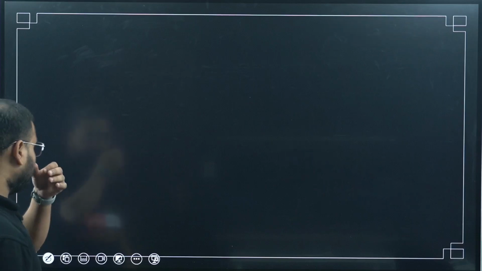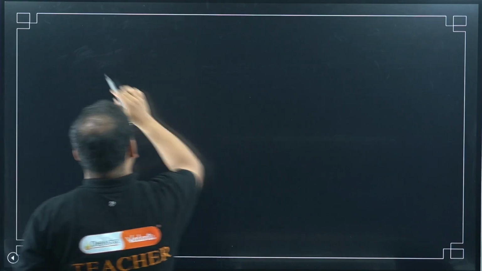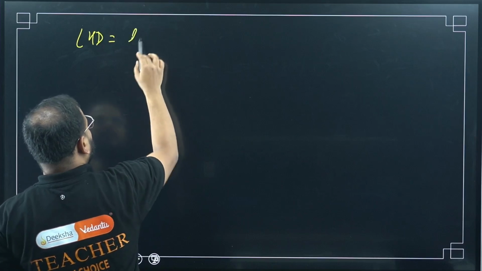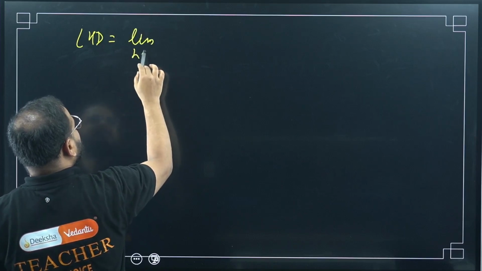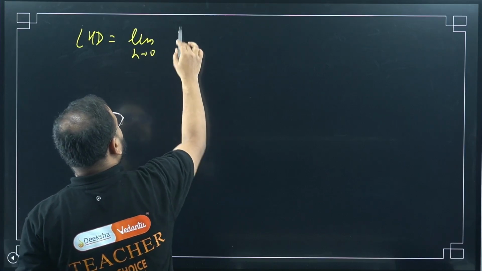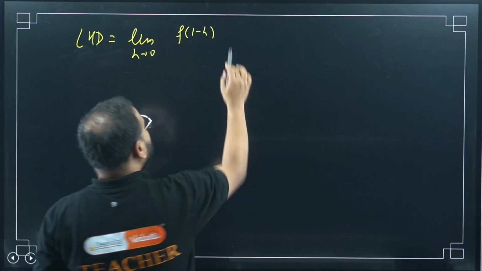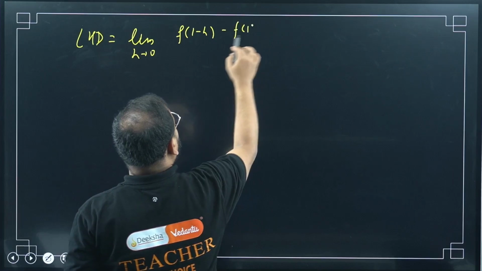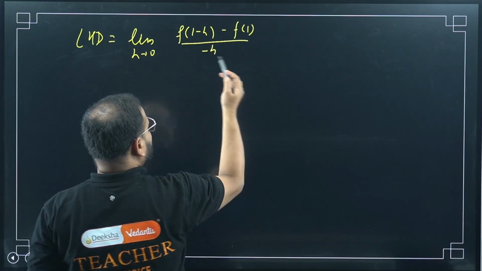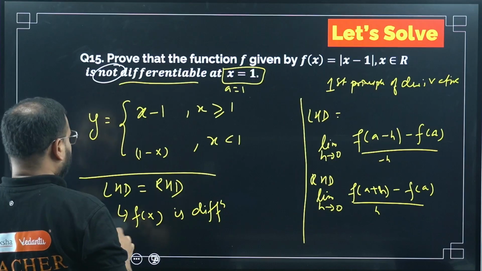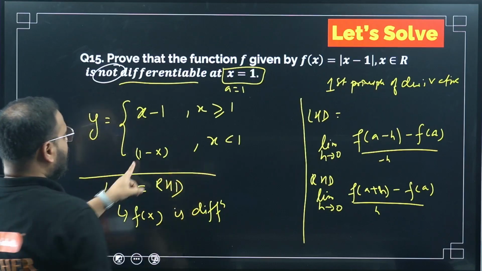So let me find the LHD first. I'll write what? Limit h tends to 0, and what is it going to be, bacha? f of 1 minus h, right? Because a is 1 in this case, minus f of 1 upon minus h. What is f of 1 minus h? I'm doing LHD, right? LHD means this function I have to use 1 minus of x.